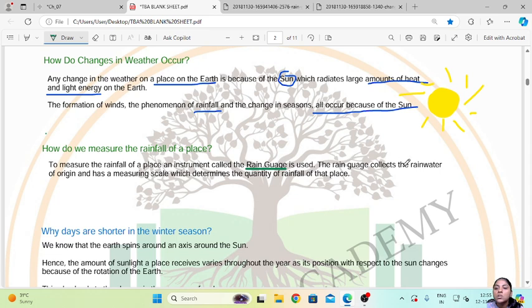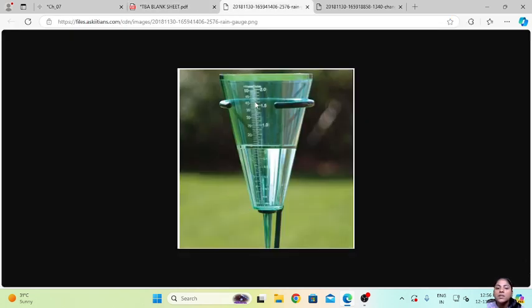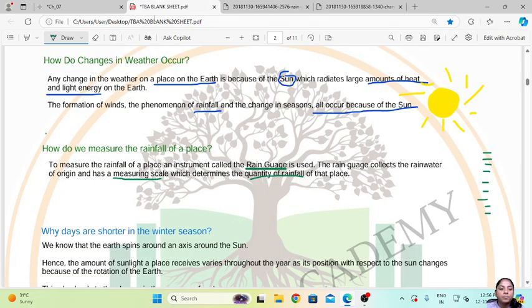The rain gauge collects the rainwater and has a measuring scale with all the numbers, so that we can measure the amount of rainfall. It determines the quantity of rainfall of that place. As we can see here in this picture, this is a rain gauge and this is the scale that it has, which will measure the amount of rainfall.